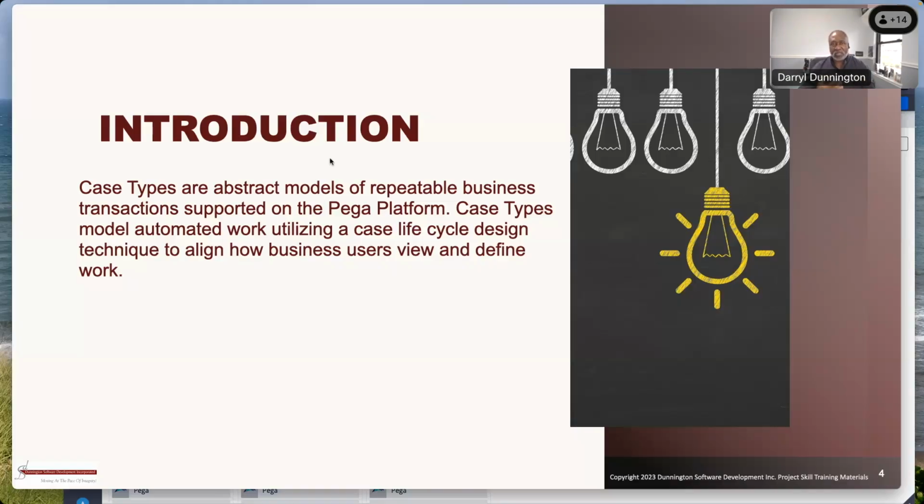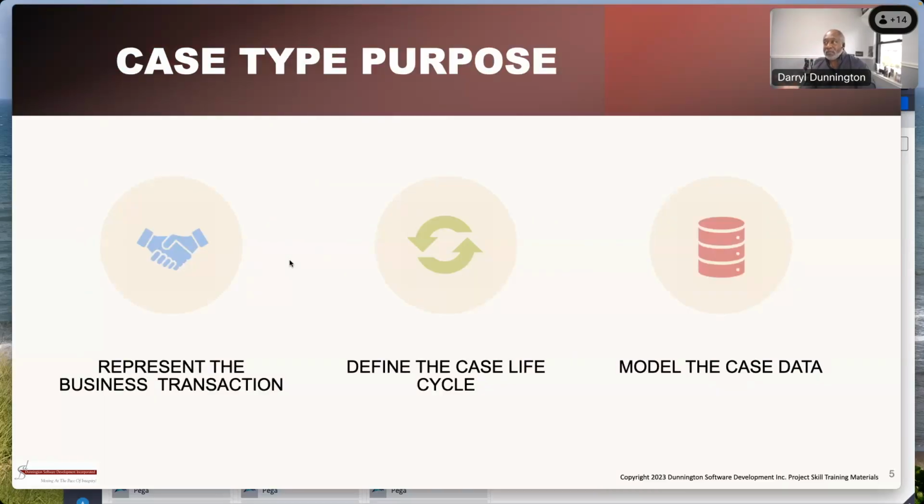And I'll show you again, when we talk about work, it's that Work- class that we're going to look at. So when I talk about a case type, I'm talking about a business transaction. I'm talking about the case life cycle. I'm talking about a class. I'm talking about work. Those are all different names for this abstract model. So what's the purpose of a case type? It's to represent a business transaction, whatever I need to carry out.